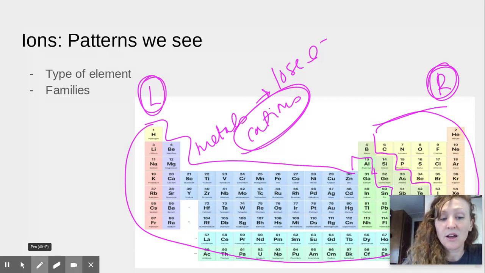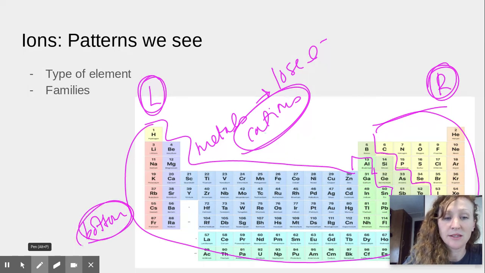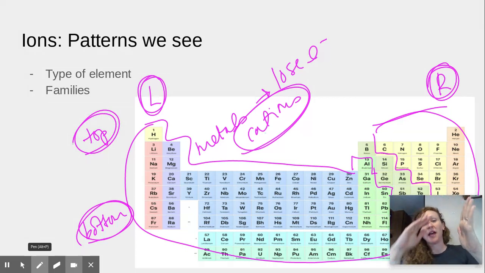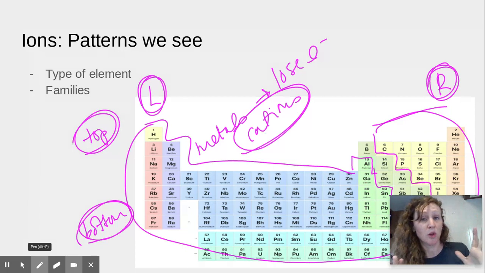Similarly, elements on the bottom tend to have lower ionization energies than elements on the top. And so metals tend to fill this left bottom part of the periodic table. They tend to have really low ionization energies. They give up their electrons really easily. It doesn't take very much energy to remove their electrons. And so it makes sense that they would form cations.